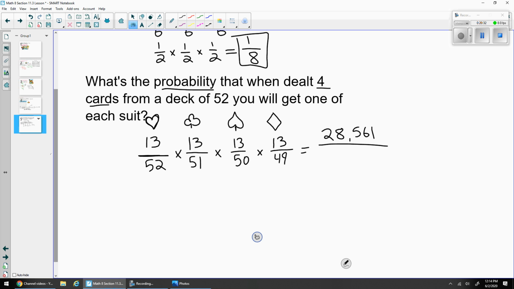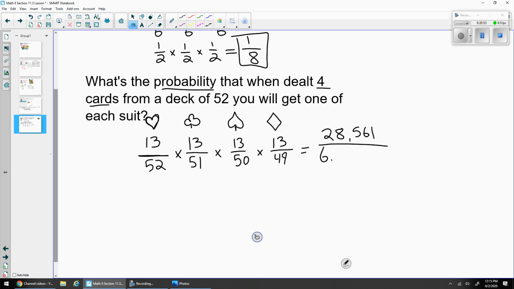But how many possible combinations of 4 cards are there that you could be dealt in a deck? Well, since you'd be given 52 and 51 and 50 and 49, we multiply those together, 52 times 51 times 50 times 49. So how many different combinations of just 4 cards in the deck are there?